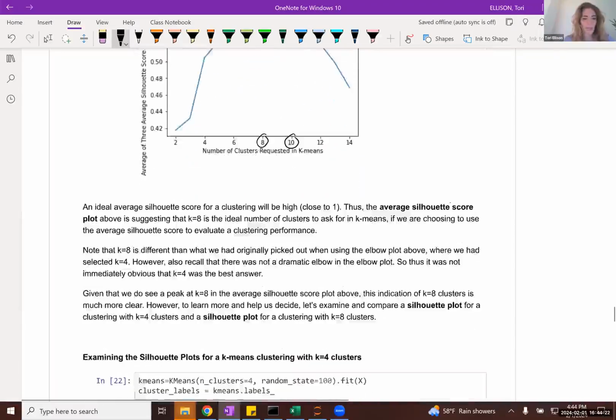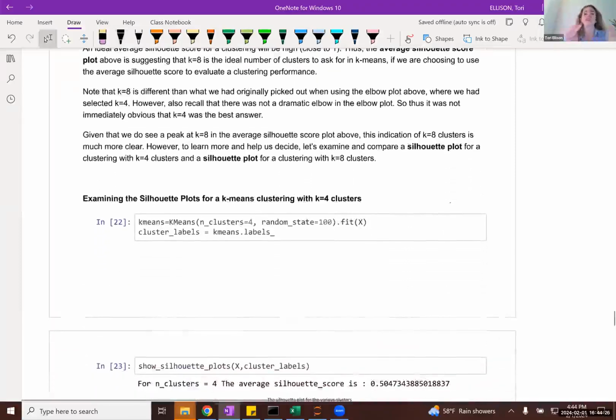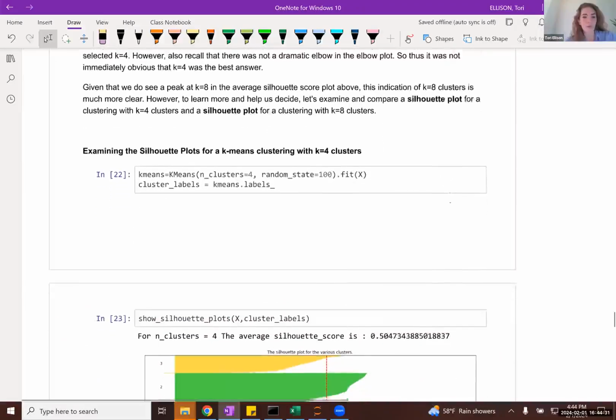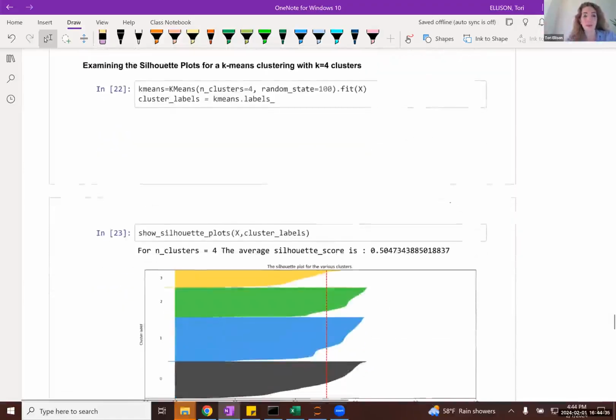Okay. So based on the elbow plot method and the average silhouette score plot method, I might look at 2 new clusterings. I might look at k-means in which I'm looking for 4 clusters.